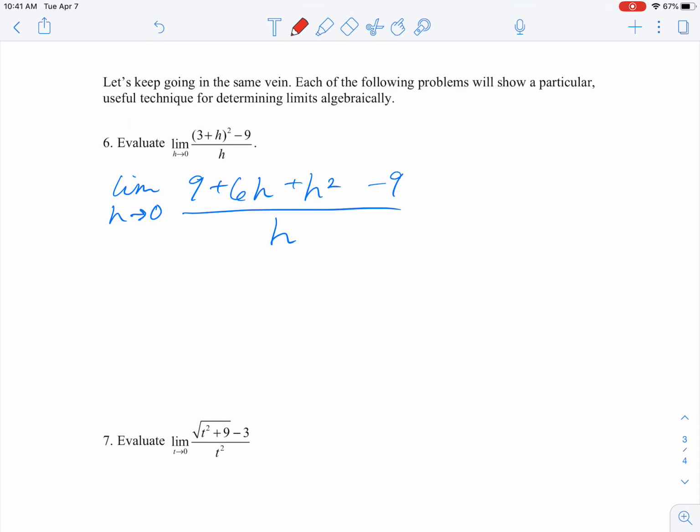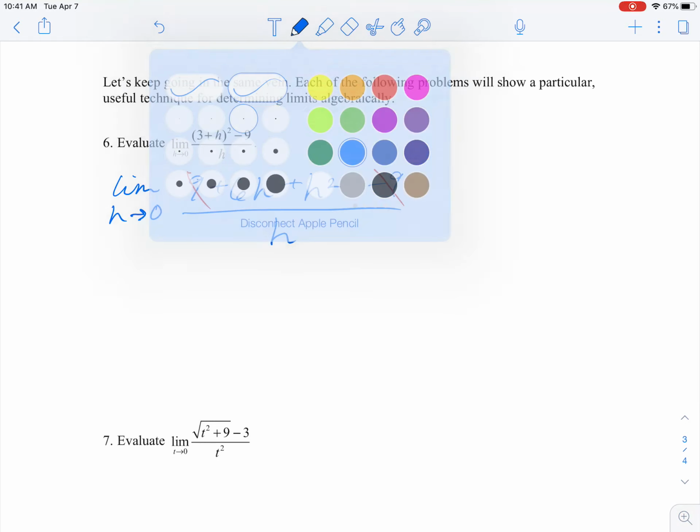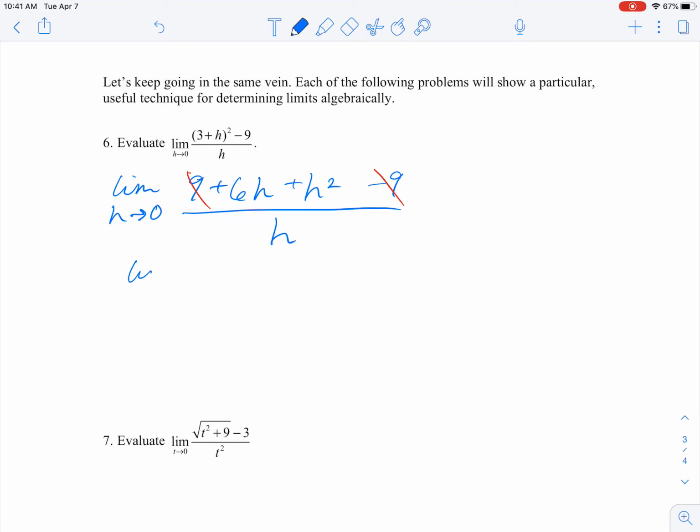And that exposes my 9s to cancellation. So now we've got the limit as h goes to 0 of 6h plus h squared over h. And voila, we have a common factor of h in the numerator.